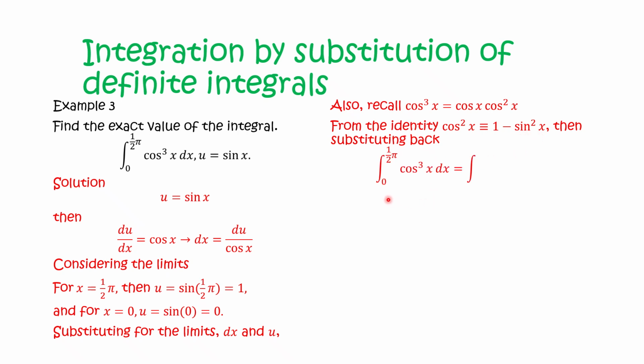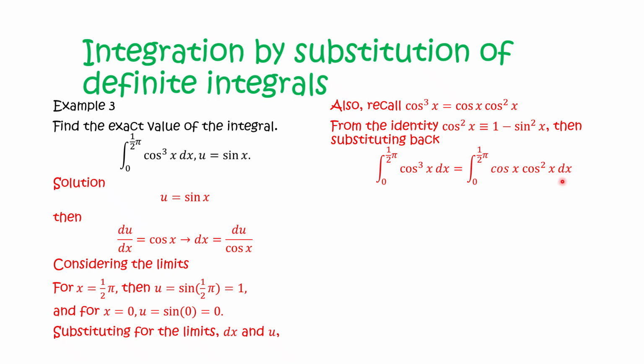Then we substitute back into the integral, meaning that the original integral is expressed in this format, from 0 to half pi, cos x times cos squared x dx.